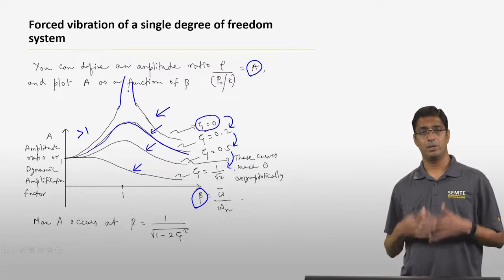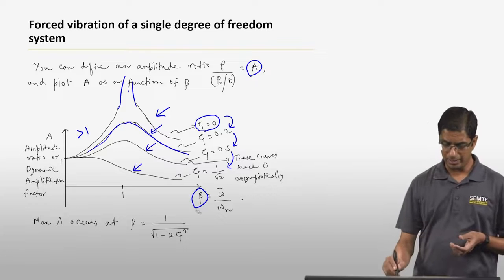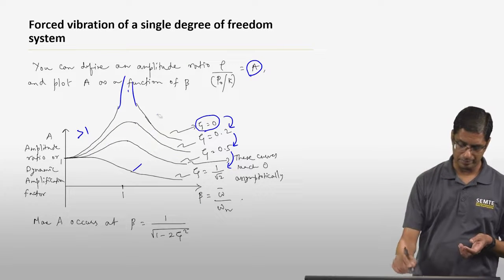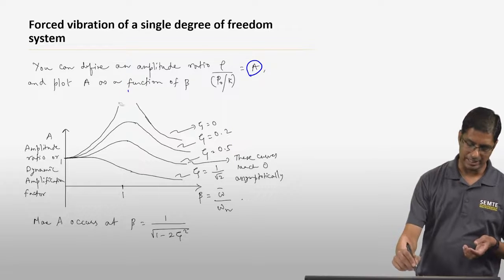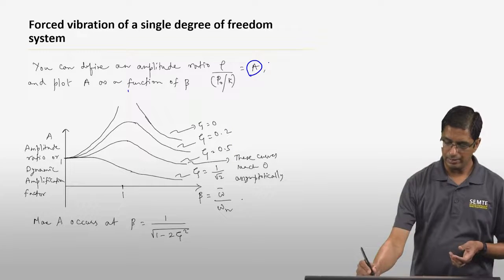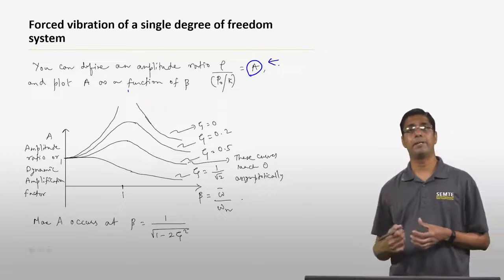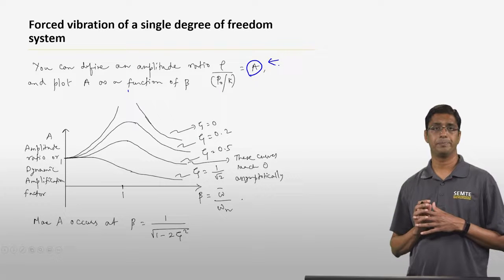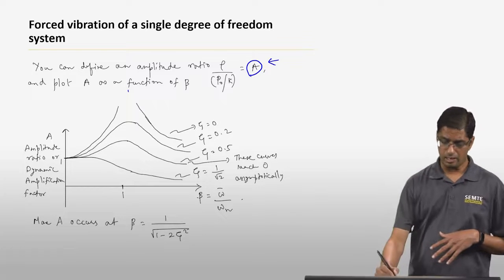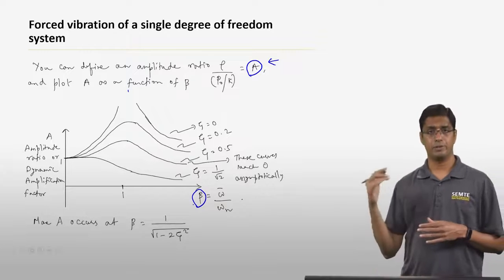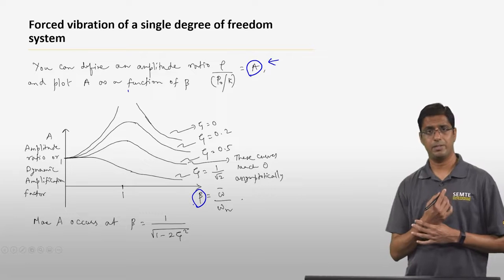Okay? So again, I want to take a minute to explain what these curves mean. Okay? So we are looking at this dynamic amplification factor, A, which is the frequency dependent term of the amplitude. Okay? And we are plotting that as a function of beta, which is the forcing frequency divided by the natural frequency.